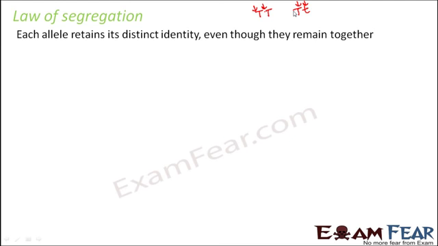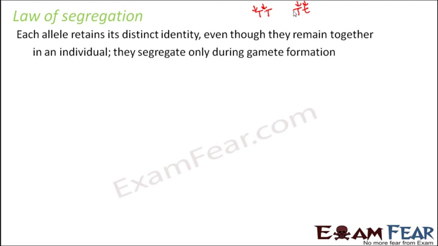So he said that the alleles never blend with each other and they maintain their own identity. Even though they remain together in an individual, they segregate only during gamete formation. So that was the law of segregation: alleles only segregate for gamete formation, but otherwise they always remain together to form a gene pair, while retaining their own distinct identity. So alleles do not blend. With this he explained the F2 generation.